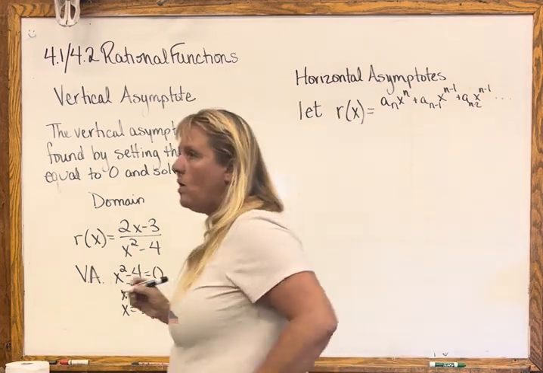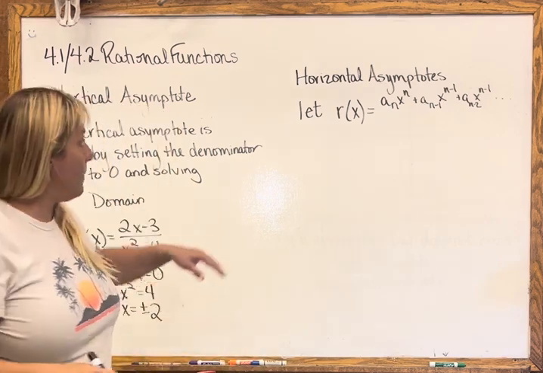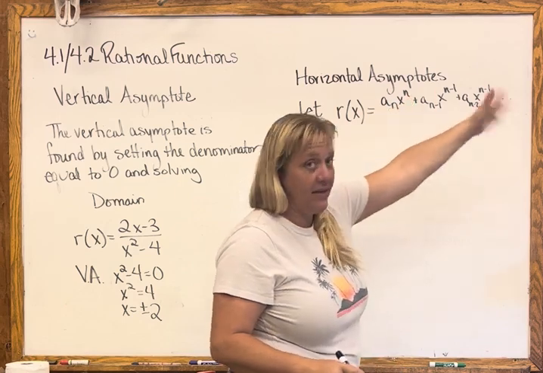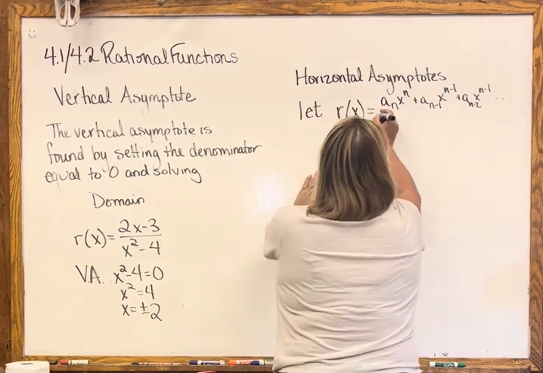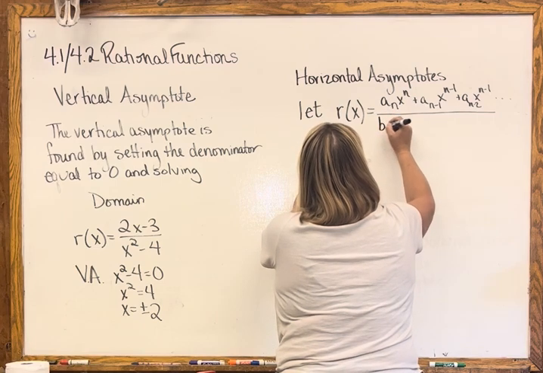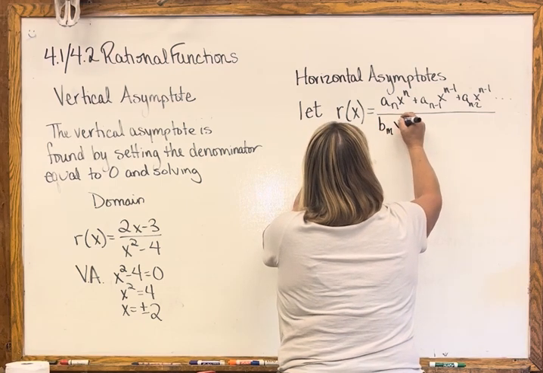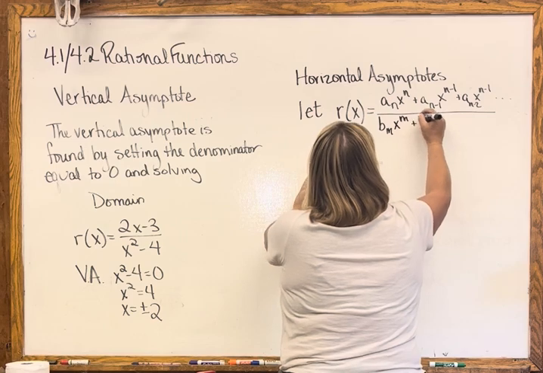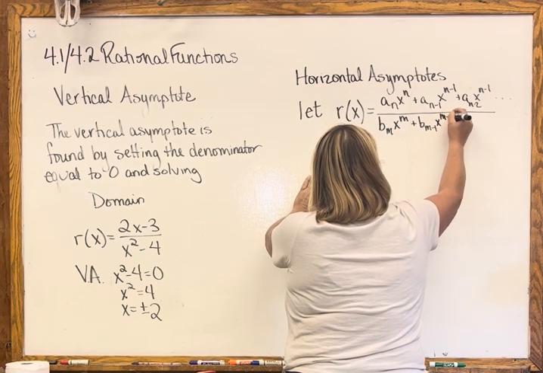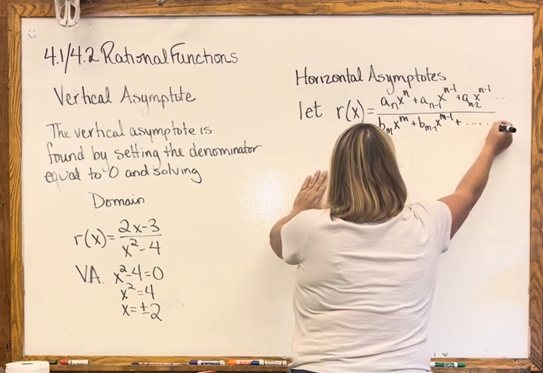So we're letting it equal that basic polynomial format. Here's the leading coefficient, here's the degree, and then it slides down. But because it's a fraction, we're going to have another one on the bottom. This one is going to be b sub m x to the m plus b sub m minus 1 x to the m minus 1 plus blah, blah, blah.